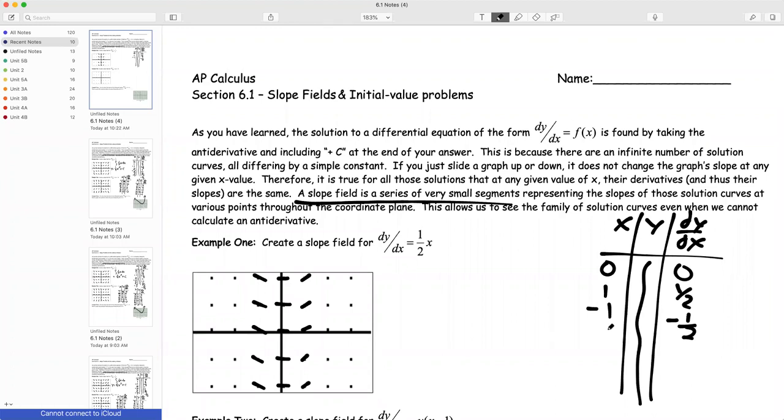Okay, so if x is 2, then I'm going to have a slope of 1. And so if I go out to where x is 2, I would line up the dot that is up 1 and over 1.